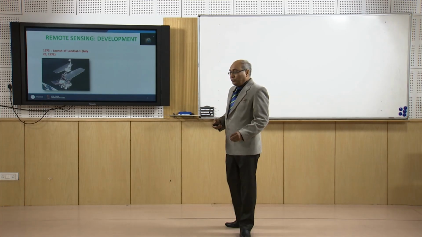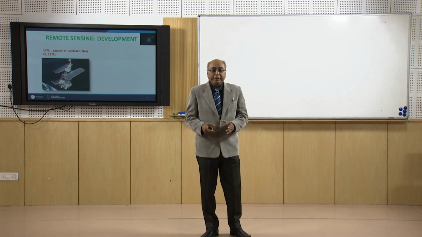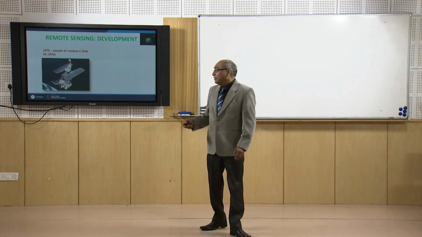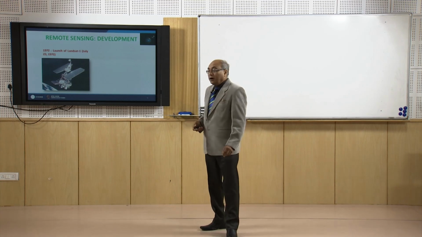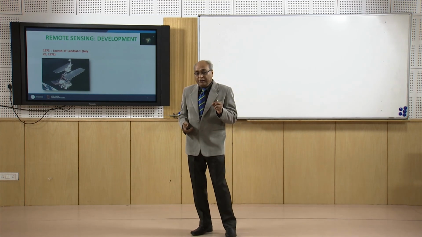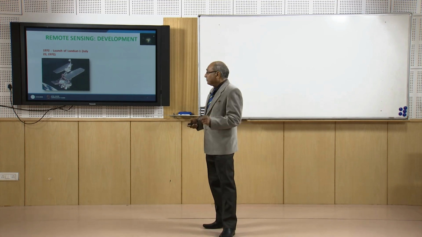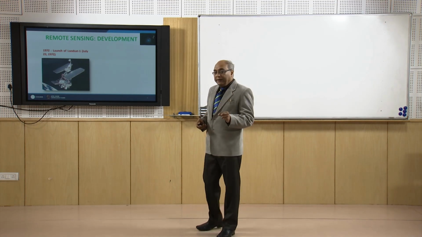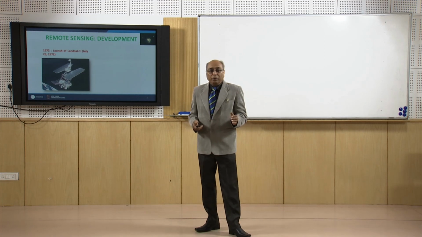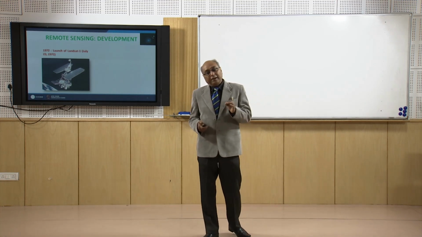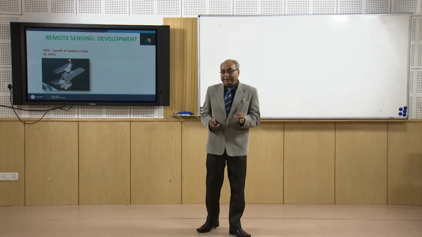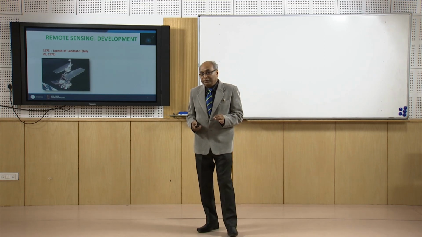The real boom in remote sensing started in 1972 after the first launch of a series of satellites, and the first one in that series was Landsat. If you open some older books, you would find that the name of this satellite was ERTS, Earth Resources Technology Satellite.